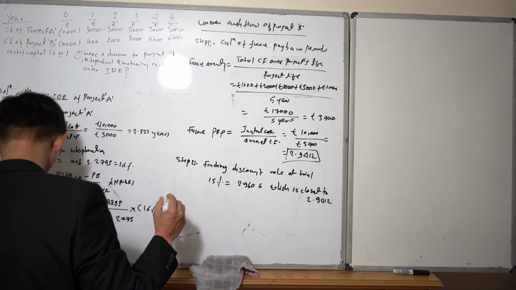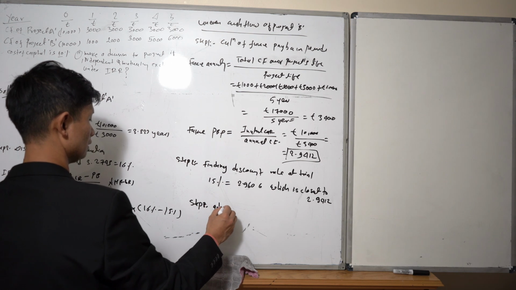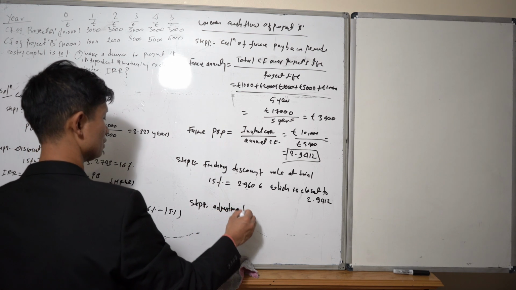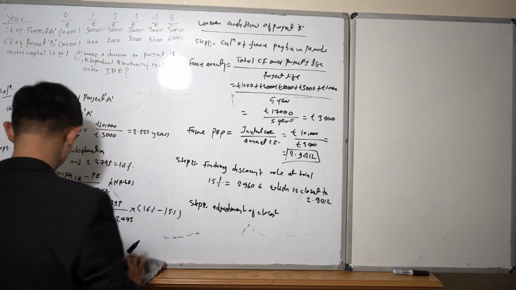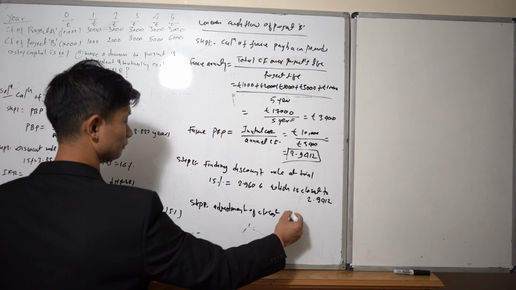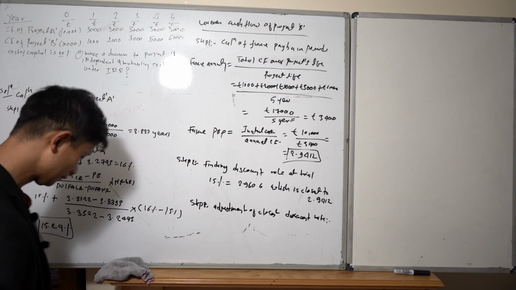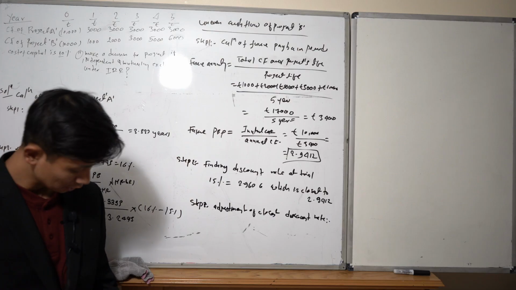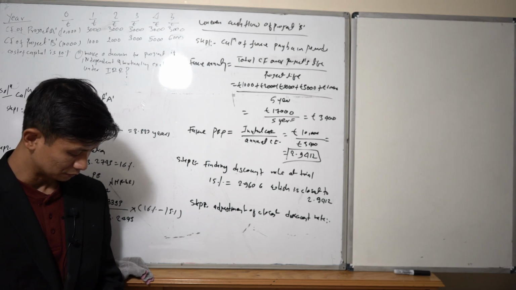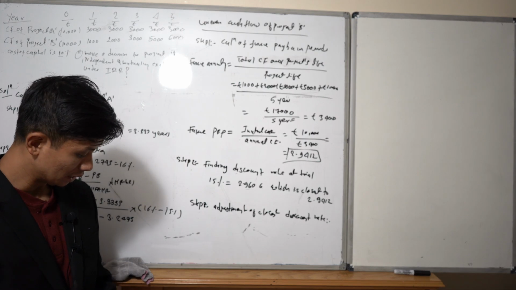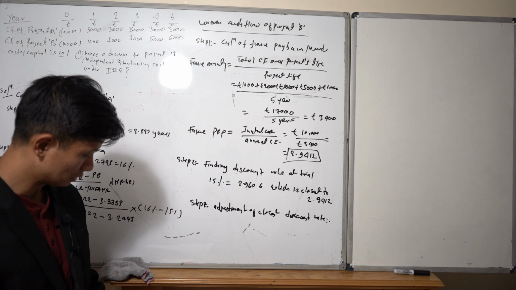Step 3, adjustment of the closest discount rate. Since the cash flows of project B in the earlier periods are less than the average cash flow of the project, we try a lower rate than this rate. So let's try with a 15% discount rate.